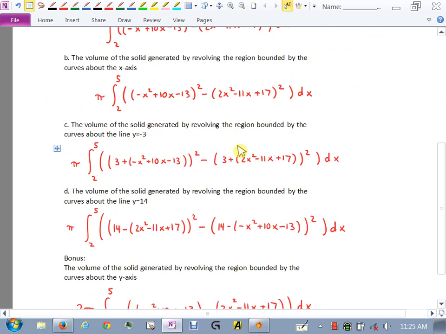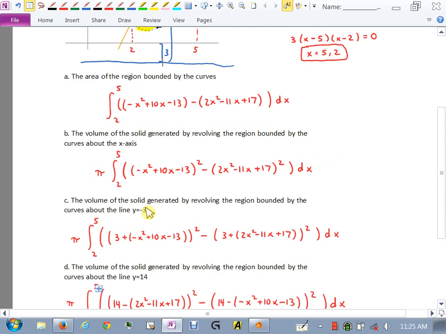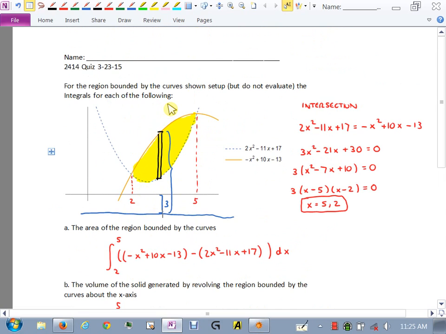Okay, then you want to rotate around the line y equals 14, which is above these functions up here. And that means, let me draw a different rectangle. You have to figure out what the distance from the axis of rotation to the outer edge of the rectangle is. So you know that the distance from the axis of rotation all the way down to the x-axis is 14.